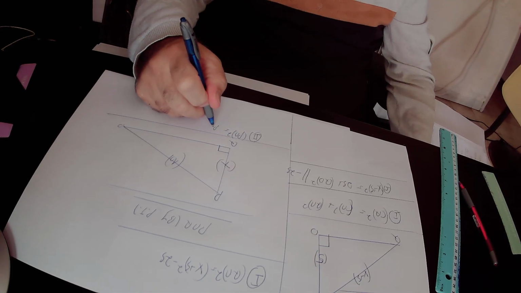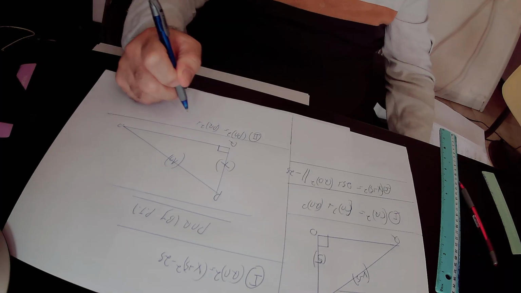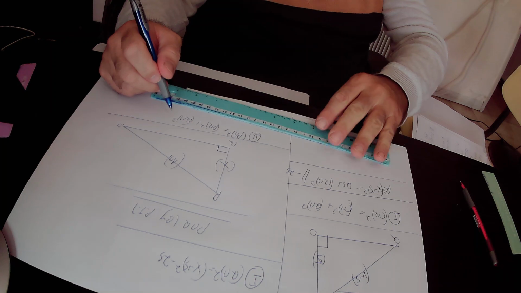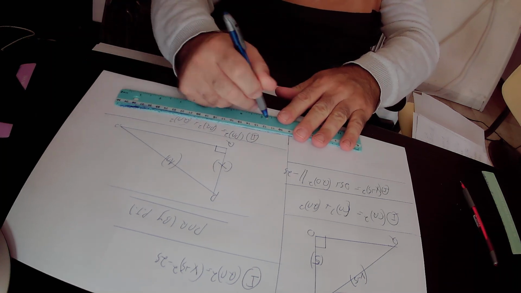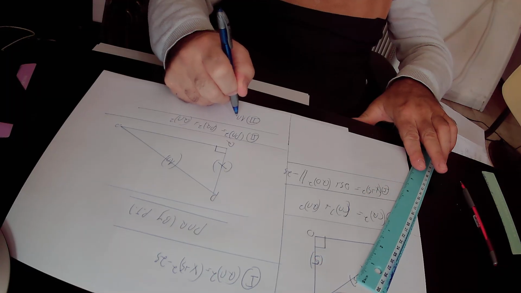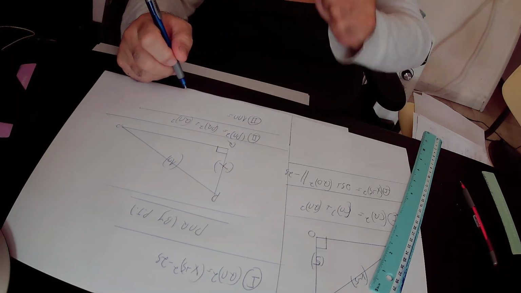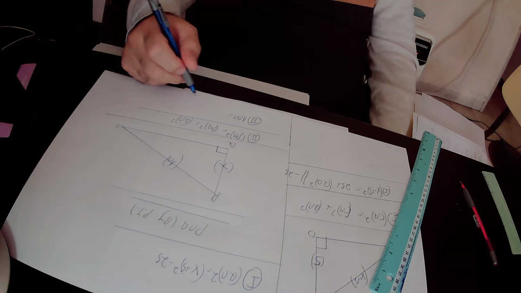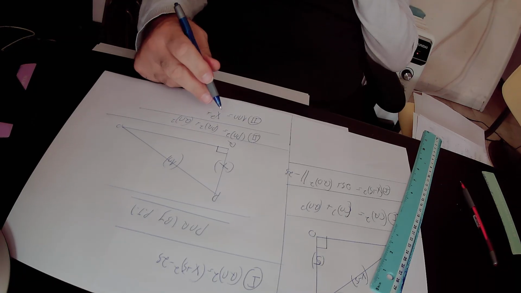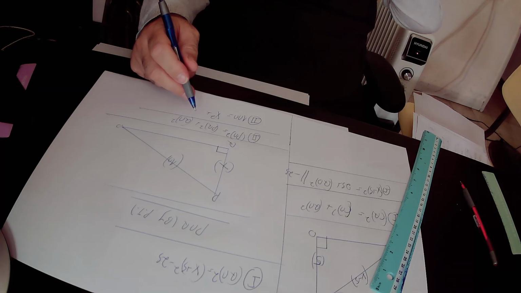PO is 10, therefore PO squared is 10 squared, that is 100, and it equals PQ squared. PQ is x, therefore PQ squared is x squared, plus QO squared. QO is the missing side, so we leave it as it is.